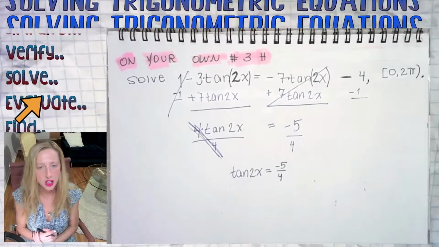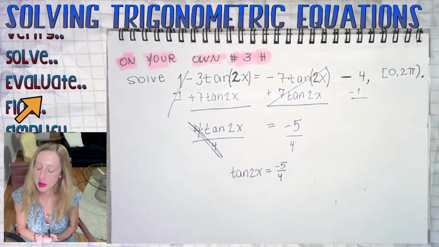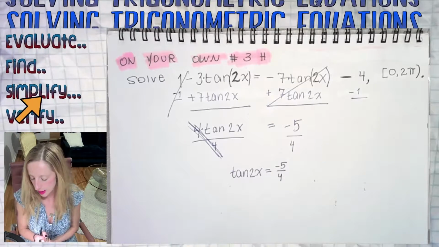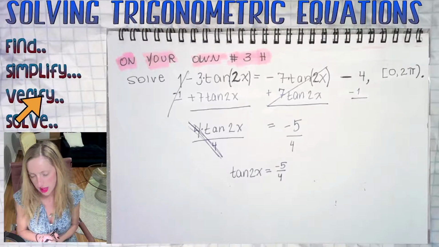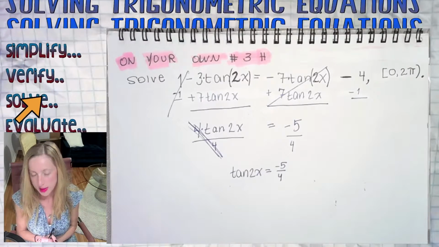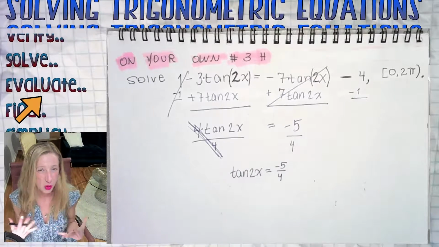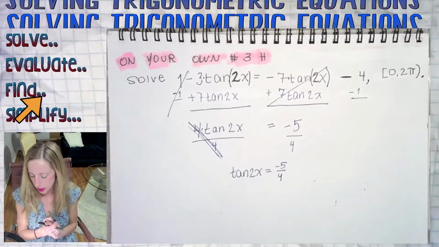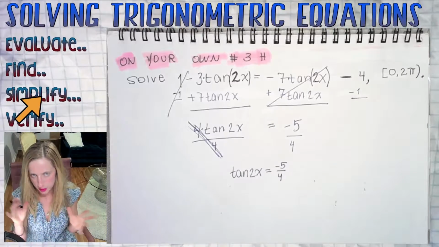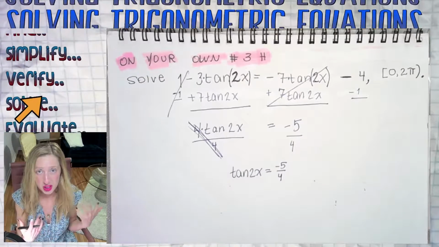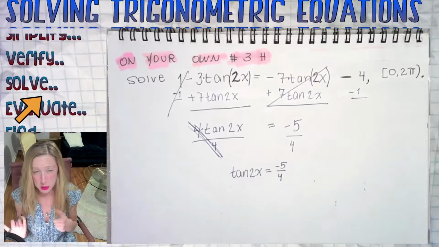Now, since we're on a unit where we're dealing with the double angle identities, a lot of people are going to be like, must use double angle identity. Tan 2x equals 2 tan x over 1 minus tan squared x. If you do that and multiply the bottoms over, you get a quadratic, with tan squared. You're going to put it into standard form, get it equal to 0.